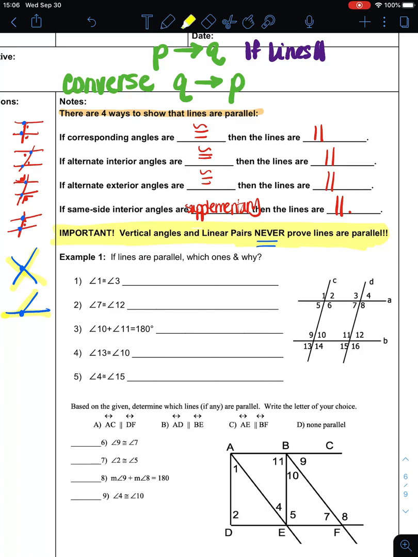So let's look at some problems with this. If lines are parallel, which ones and why? If I know that angle 1 is congruent to angle 3, then which two lines can I say are parallel? Here's what you're looking for: two lines that run in the same direction with one line that cuts across them.